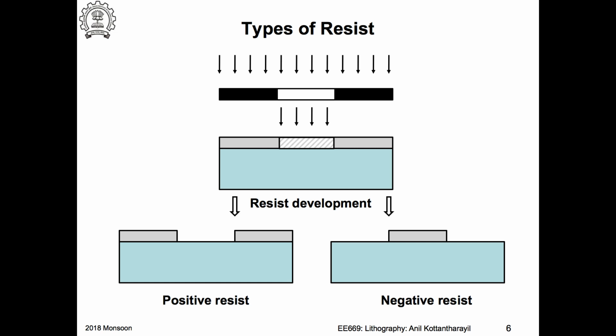If you started with a positive photoresist, the exposed regions can be easily dissolved in the developer. So this is removed. If it is a negative resist, it actually remains. So this part remains. These are two different types of resist that you use.